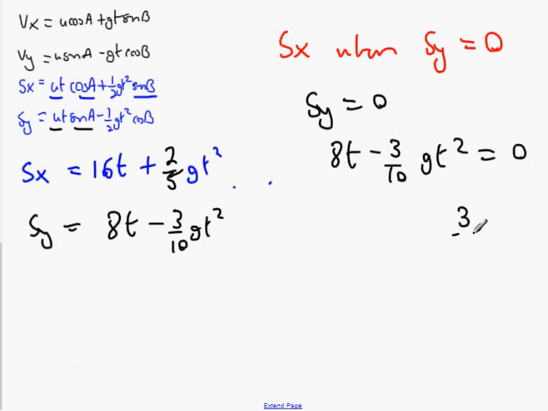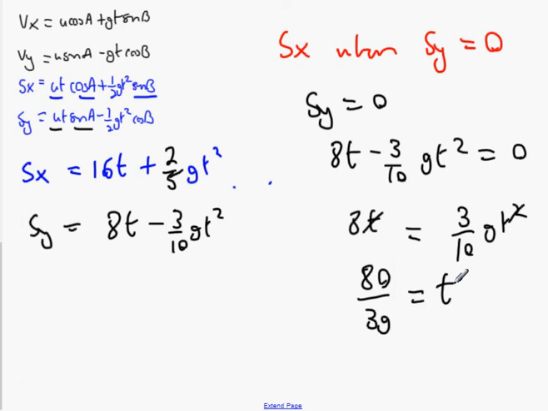3 over 10 g t squared equals 8t. Cancel the t. Then it's going to be 80 over 3g equals t. Your time of flight is 80 over 3g. Once you do that, you now insert it into the sx formula to find the range.